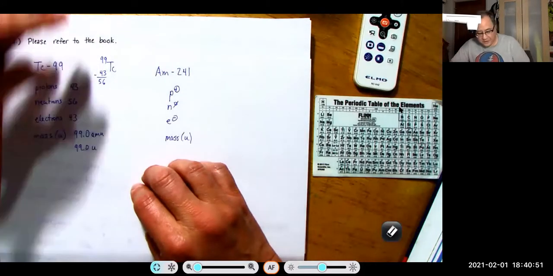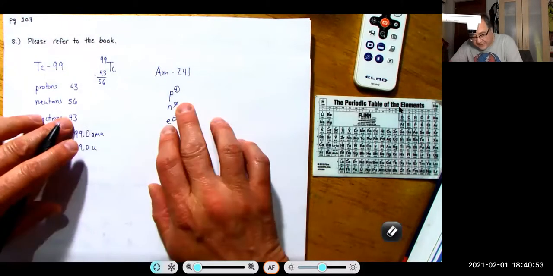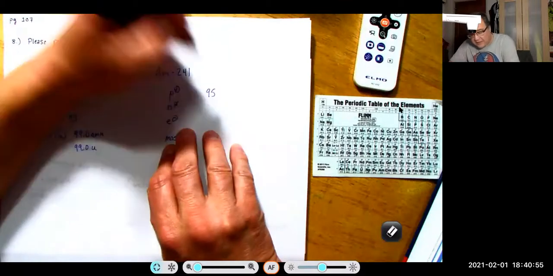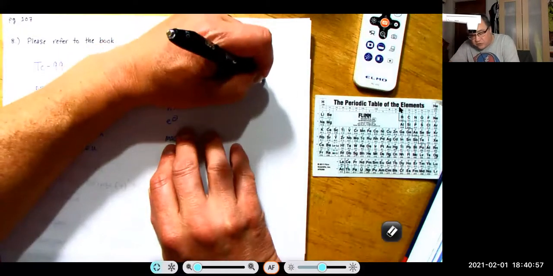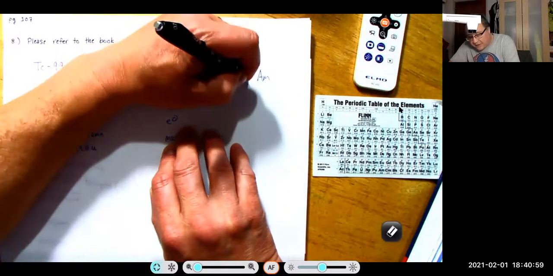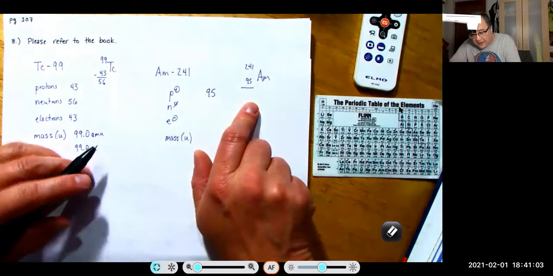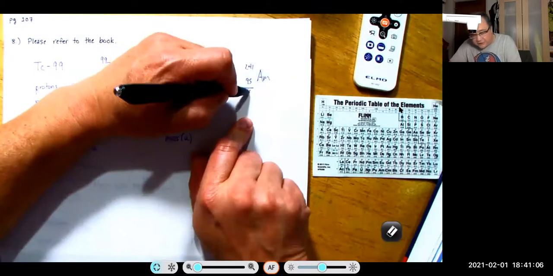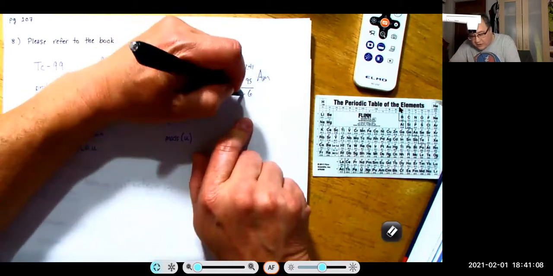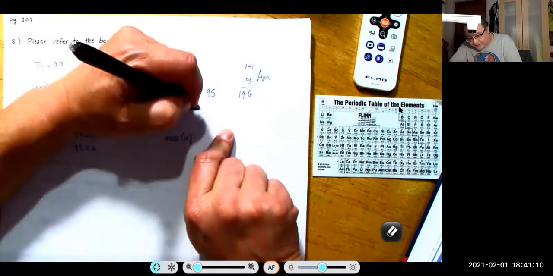Okay, so the number of protons is 95. And if we write americium-241 with 95, we can figure out how many neutrons by subtracting the two. So 11 minus 5 is 6, 13 minus 9 is 4, and then 146.